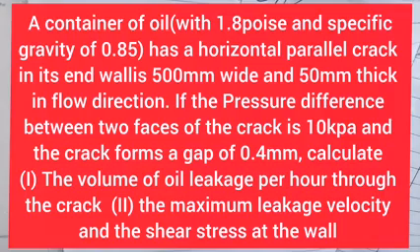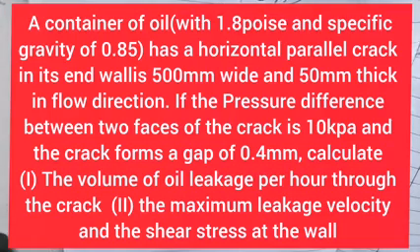If the pressure difference between two faces of the crack is 10 kilopascal and the crack forms a gap of 0.4 millimeter, calculate I, the volume of oil leakage per hour through the crack, II, the maximum leakage velocity, and the shear stress at the wall.